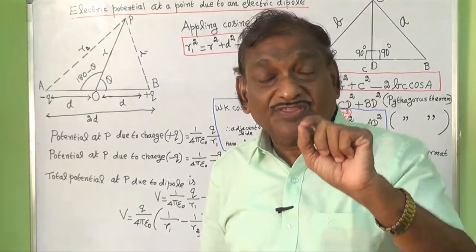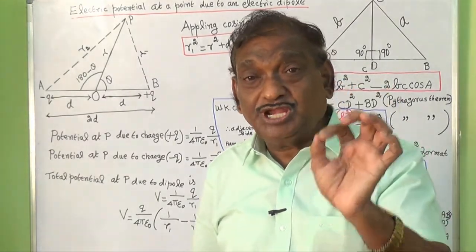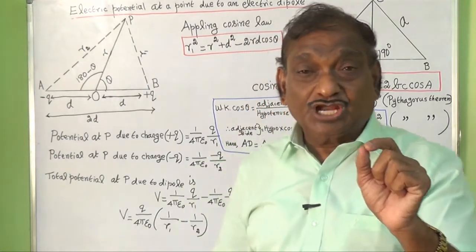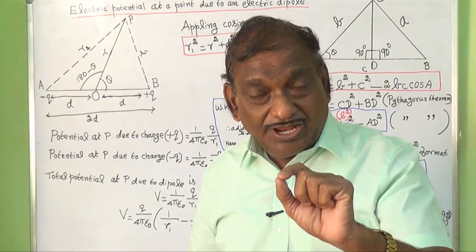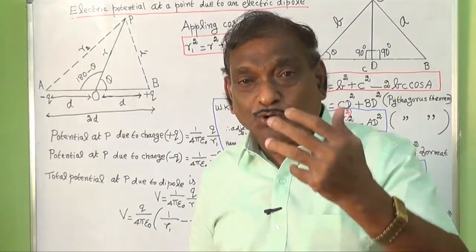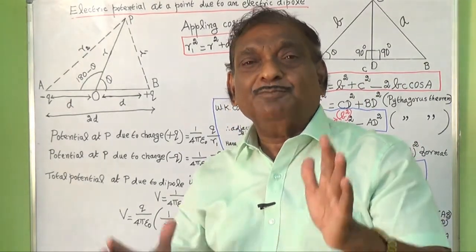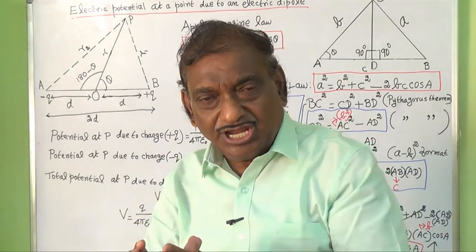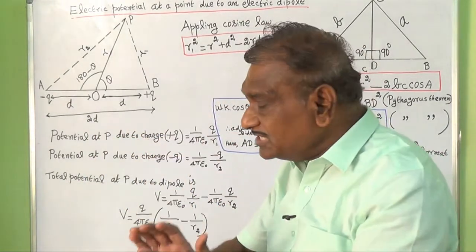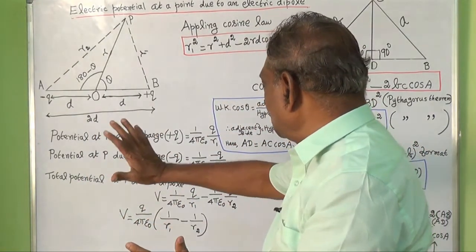This is as per the superposition principle. That is, the total potential due to the dipole at a point is the sum of the potentials due to the charges plus Q and minus Q.